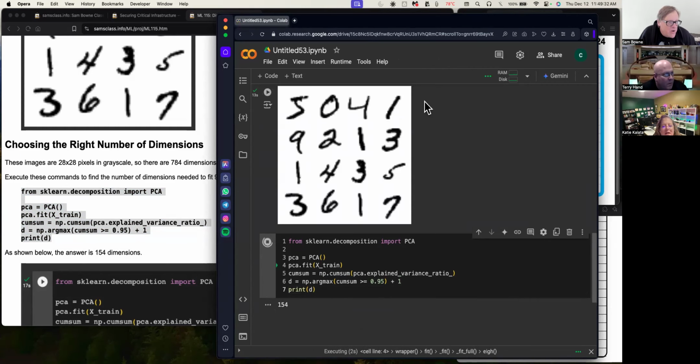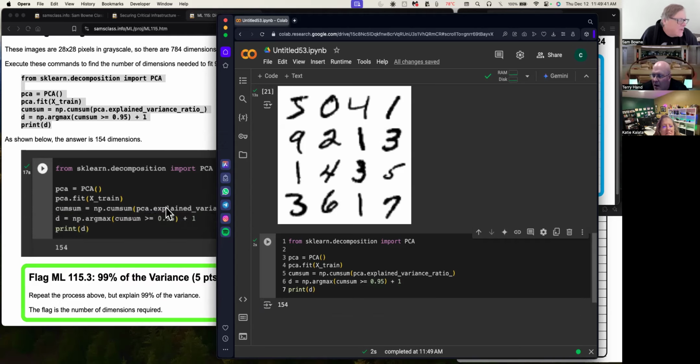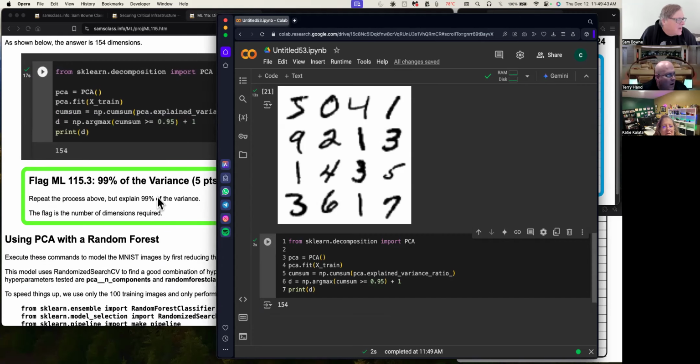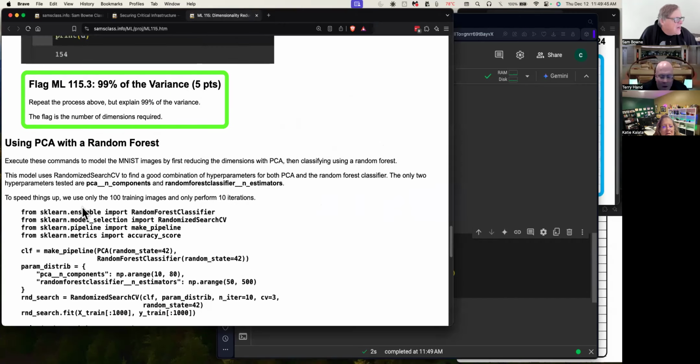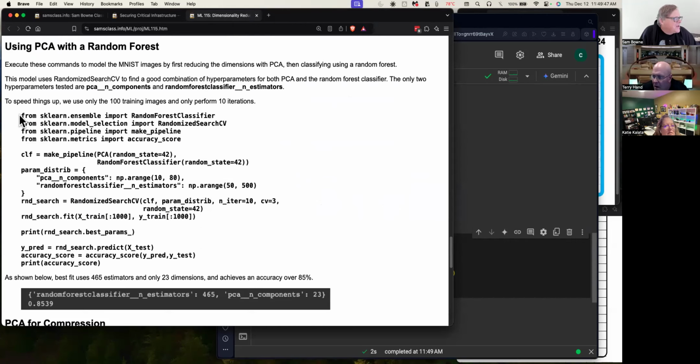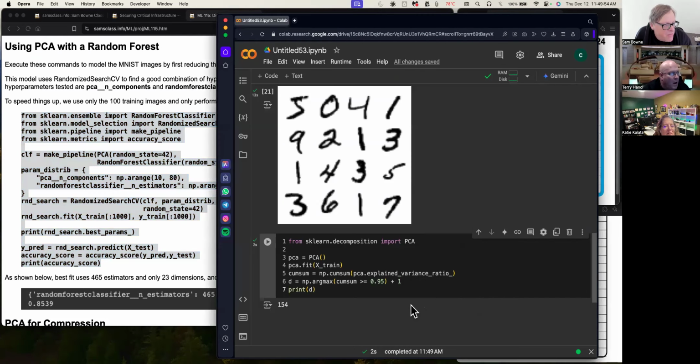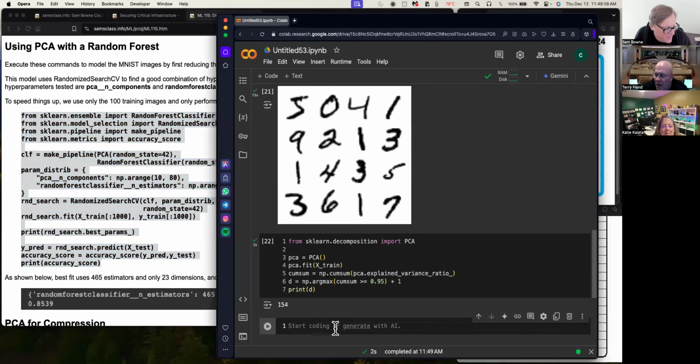I started with 784 dimensions, but I only need 150 of those dimensions to capture 95% of the variance. All the rest don't really matter. So that's useful information. And so you can now use principal component analysis to create a model that does not use all the information in the images, but just the principal components.